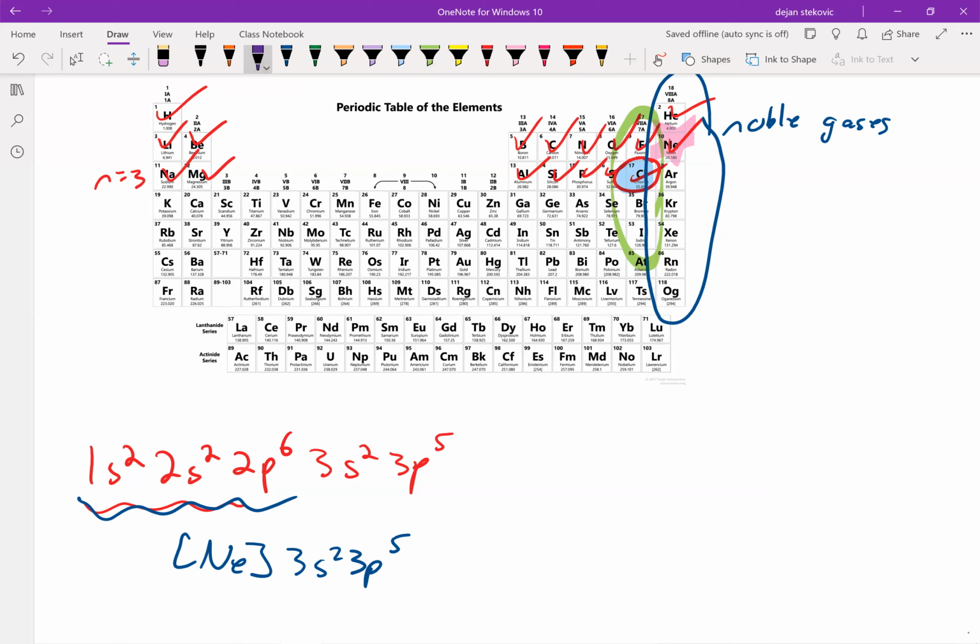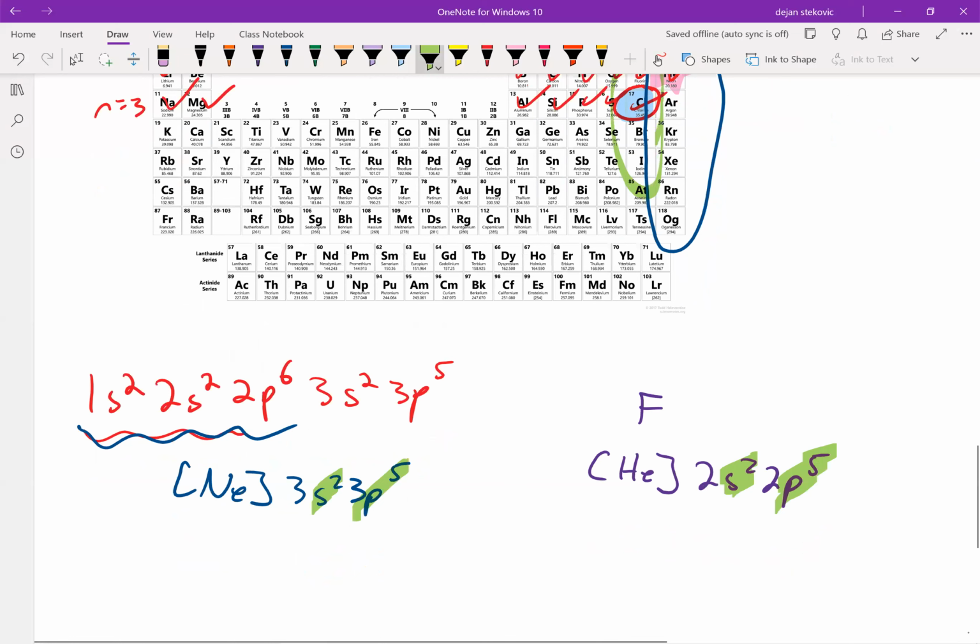We also did fluorine. So with fluorine, we came up with helium, right? I don't have to write 1s2, I could write helium instead, and then 2s2, 2p5, right? You see how it's S2 and then P5, S2 and then P5, right? Things in the same row will have very similar electron configurations.